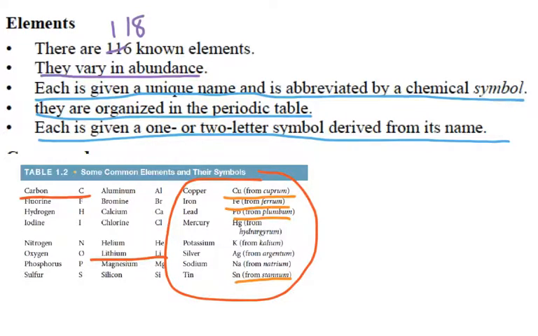So those four, it's good to know the Latin names, and as we get into what we'll call nomenclature later, we'll come back to that idea. But you need to memorize and say things such as copper is Cu, mercury is Hg.